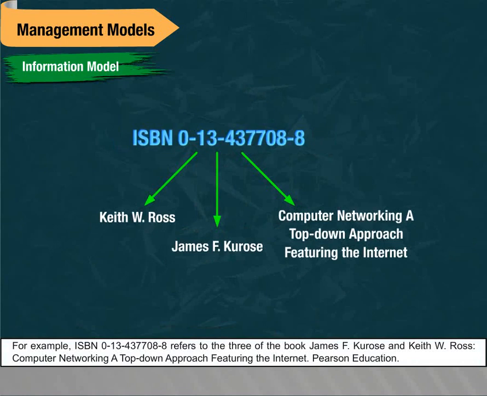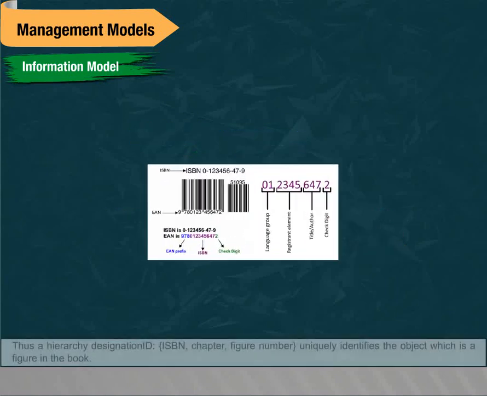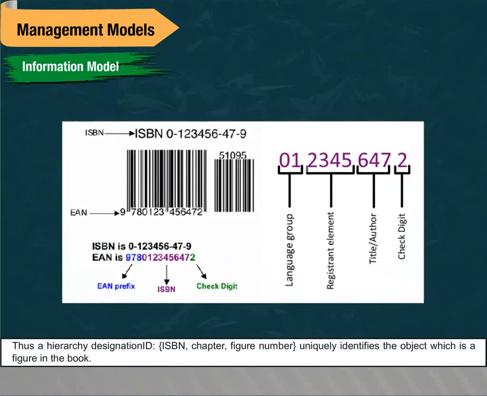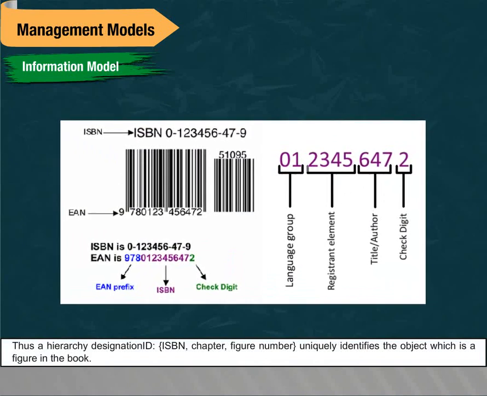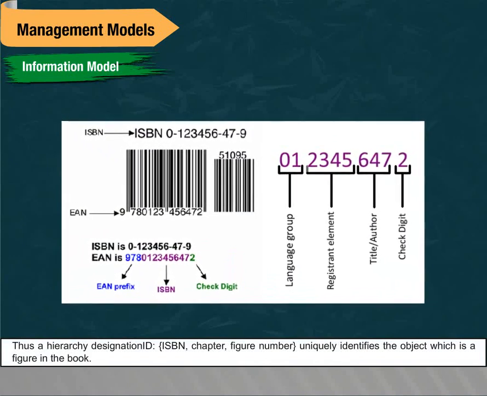013437708 refers to the 3rd edition of the book by James F. Kurose and Keith W. Ross, Computer Networking: A Top-Down Approach Featuring the Internet, Pearson Education. Thus, a hierarchy designation ID, ISBN, chapter, figure number uniquely identifies the object, which is a figure in the book.